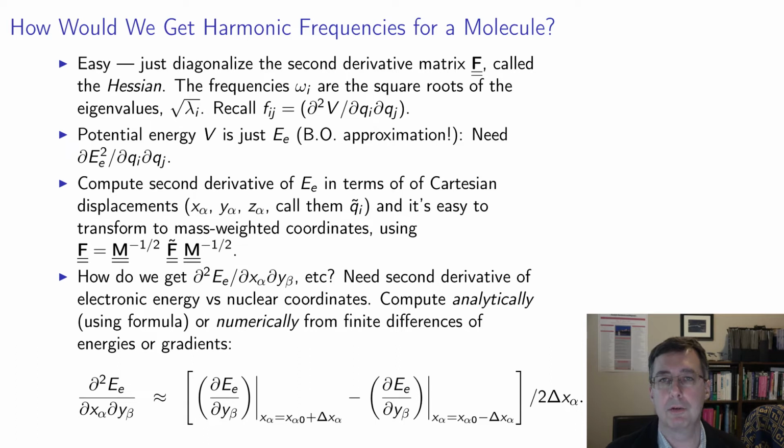So this is a generalization that the gradient is approximately delta y over delta x, but now we're saying we just do that one more level, and the second derivative is approximately delta gradient over the shift in the other coordinate. In general, I recommend using the analytical Hessians when you have them.